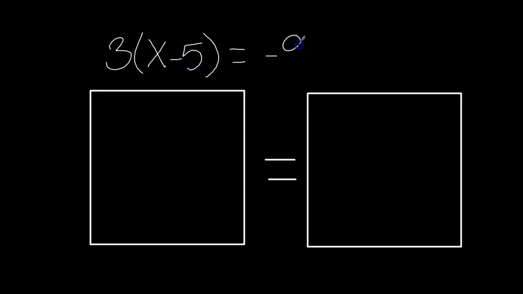And your last example problem is going to be 3(x - 5) = -9. So I have 3 groups of x minus 5 on this side. And then on the other side, I have 9 negatives.